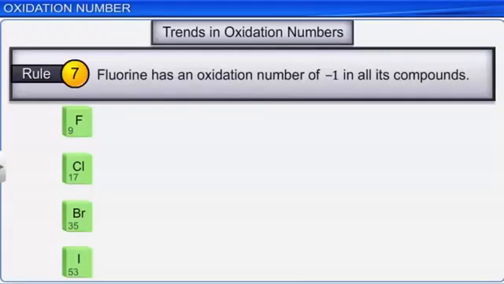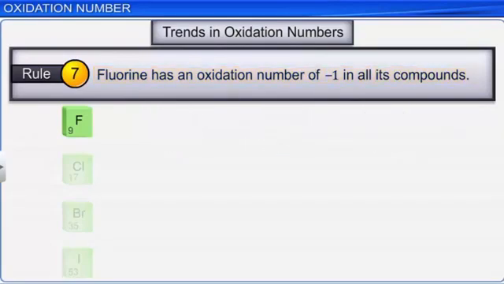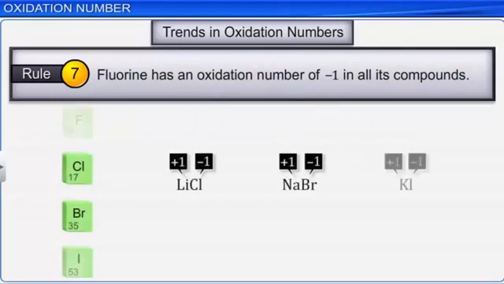According to the seventh rule, fluorine has an oxidation number of -1 in all its compounds. Other halogens such as chlorine, bromine, and iodine also have oxidation number of -1 when they occur as halide ions in their compounds.